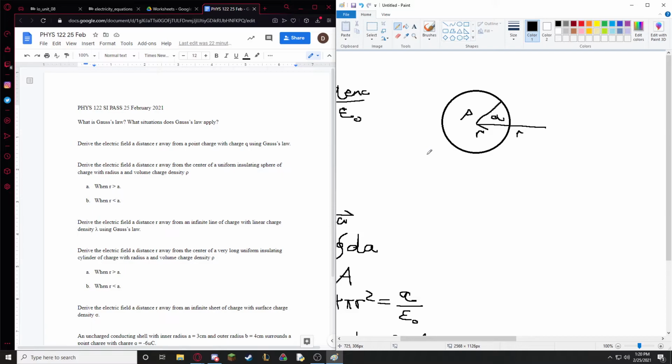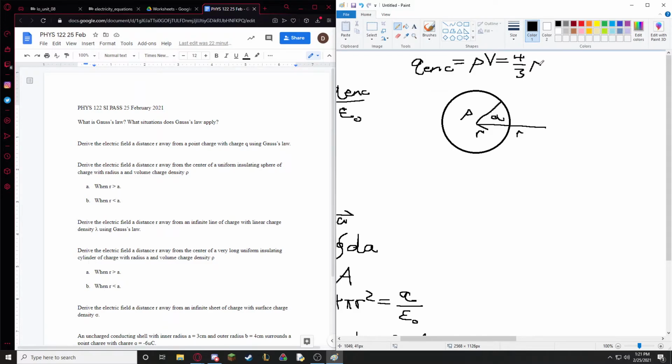It would be rho times the volume. Yep. So our enclosed charge, Q enclosed, would just be rho times our volume. And what's the volume of a sphere? Ben, you trying to say something, or is your mic just messing up? Volume of a sphere is 4/3 pi r cubed. Exactly.